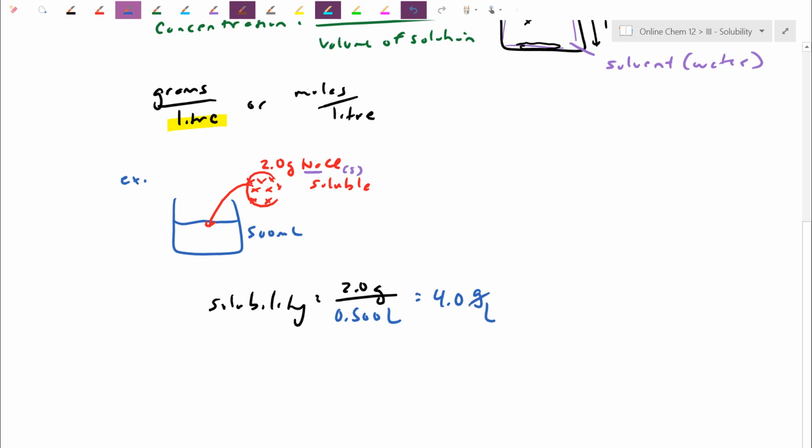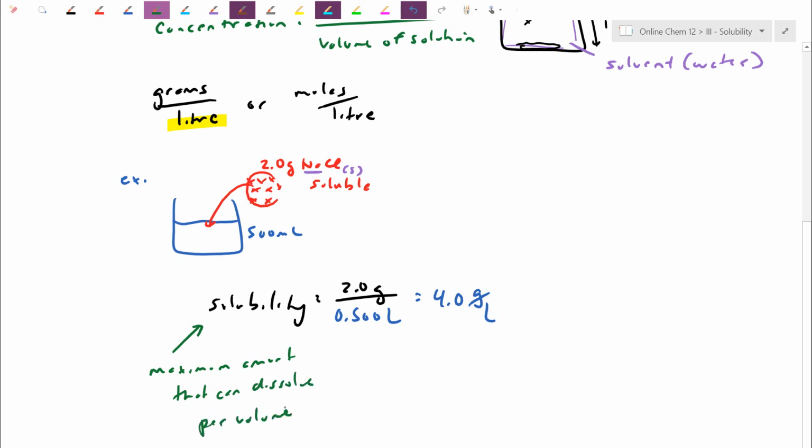Okay. So this is not necessarily the solubility, because solubility is not just how much you dissolve. This is so far just a concentration. Solubility is actually referring to the maximum amount that can dissolve per volume.